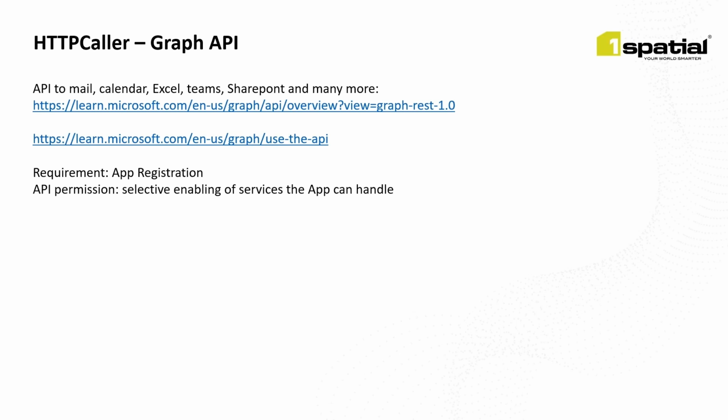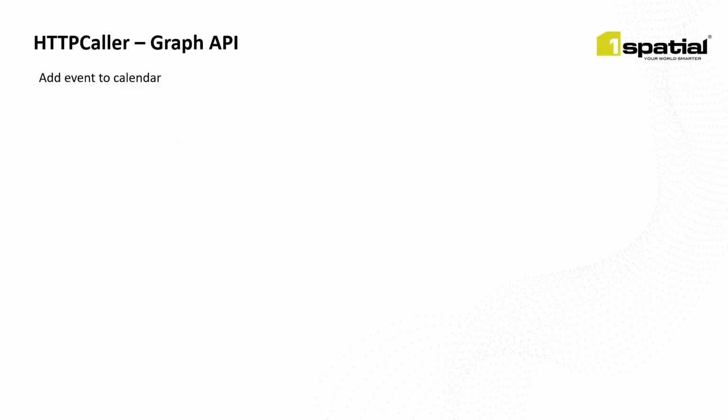So it is read-only, or they can write or delete or other, via the API permission. So I show an example of how to do it, and also how to use the HTTP caller, in this case to send a calendar event.